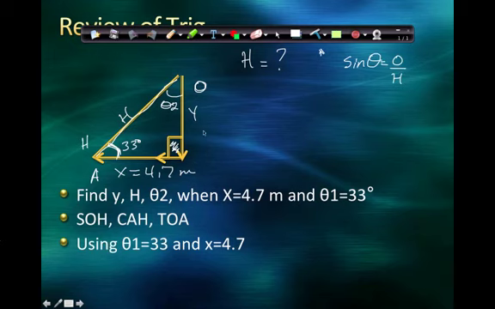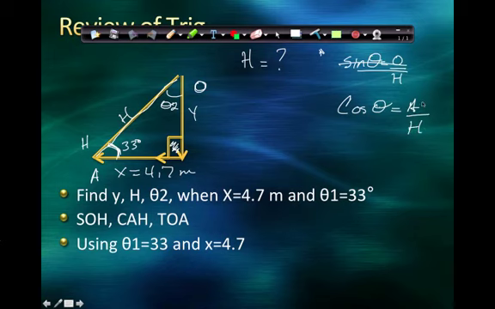I do not have opposite. Opposite is the y side. I don't have that, nor do I have the hypotenuse. So just like we've been doing, if we have an equation with more than one missing variable, we can't use it. So let's look at the next one, which is cosine equal to the adjacent over the hypotenuse.